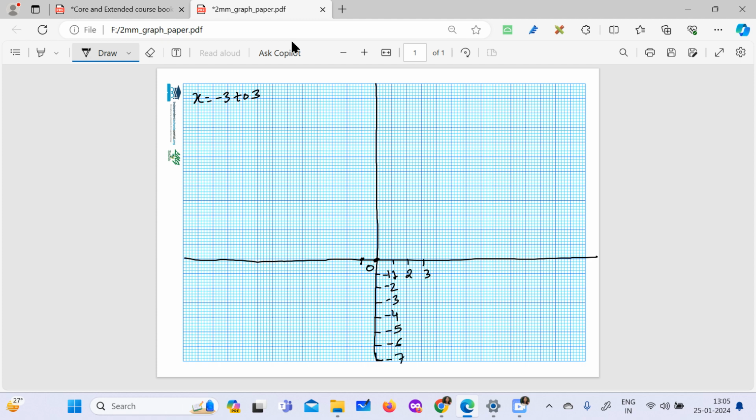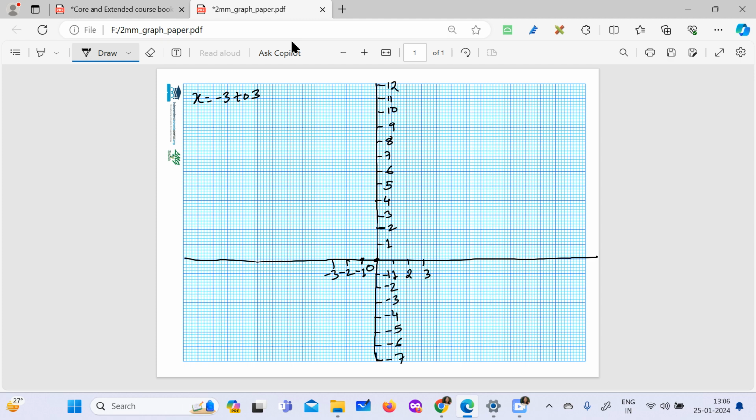And here negative 1, negative 2, and negative 3. And here we will have positive 1, 2, 3, 4, 5, 6, 7, 8, 9, 10, 11.